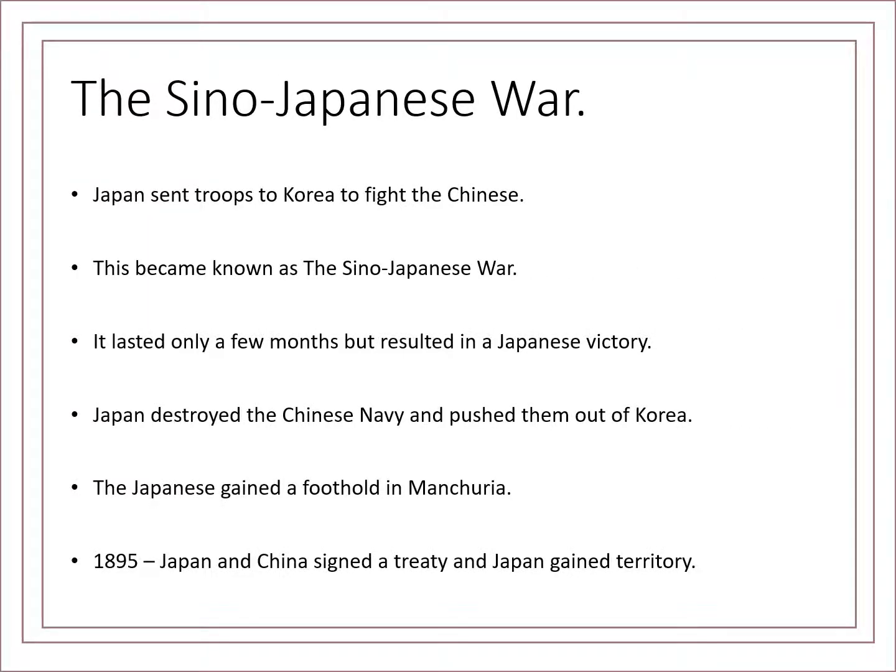So Japan sent troops to Korea to fight the Chinese, and this became known as the Sino-Japanese War. It only lasted a few months, but it resulted in a Japanese victory. Japan destroyed the Chinese Navy and pushed them out of Korea, and the Japanese gained a foothold in Manchuria. In 1895, Japan and China signed a treaty, and Japan did gain more territory.